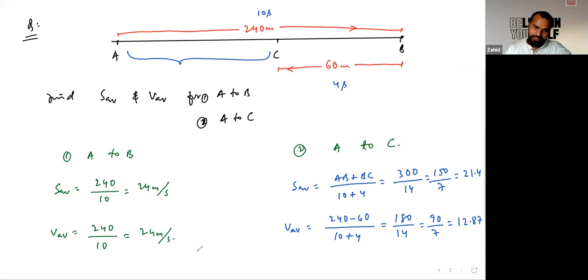So average speed is either greater than or equal to average velocity. Just as distance is always greater than or equal to displacement, similarly, average speed is greater than or equal to average velocity.